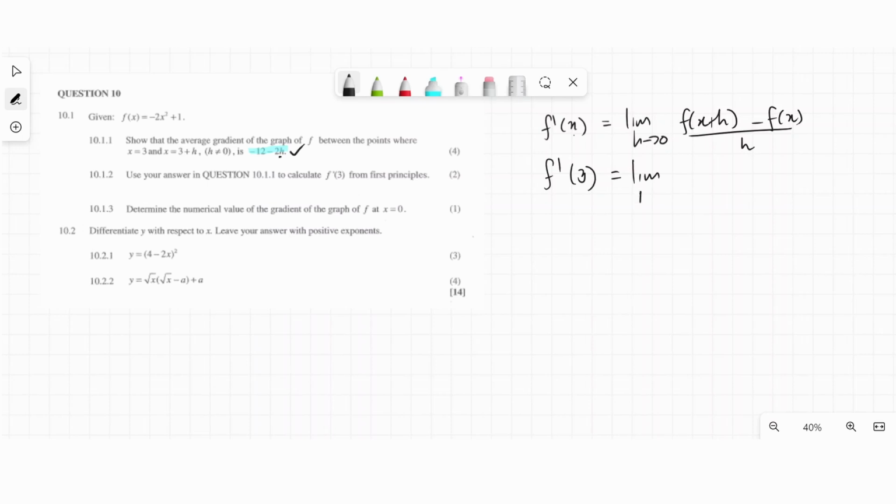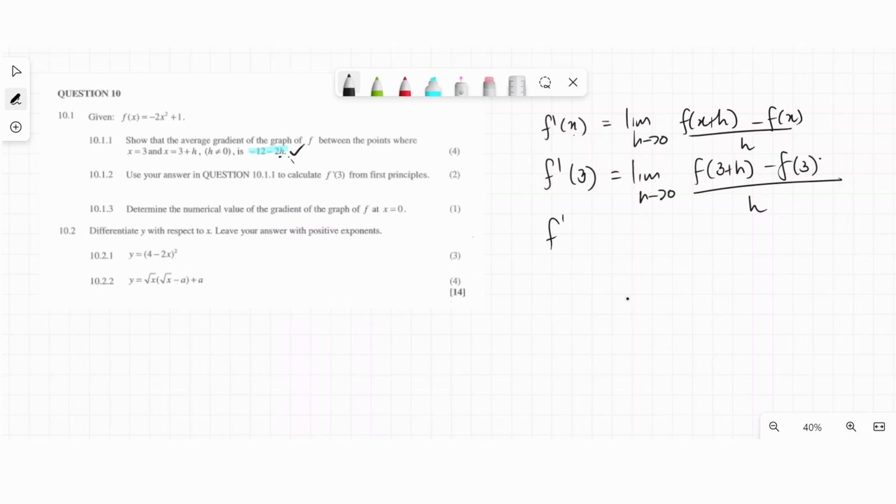Then it's the limit as h approaches 0 of f of 3 plus h minus f at 3, divided by h. But we already solved this in the previous one.